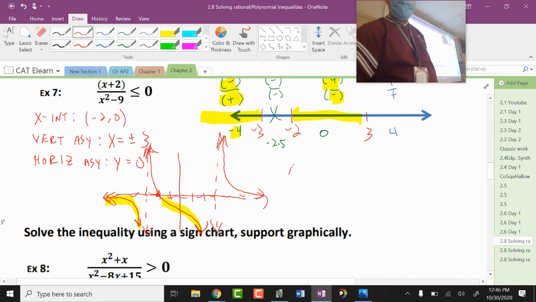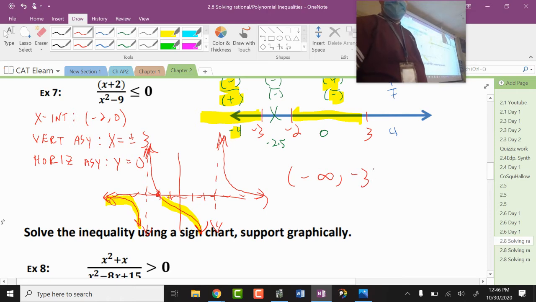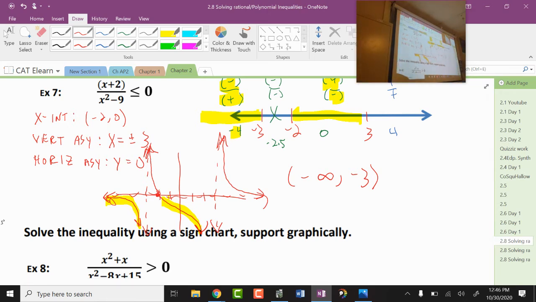Negative, what's that? Negative infinity, right? Okay, 2. Bracket or parenthesis? Nice. Why? Starts with an A. Asymptote, which means it's undefined. Continue.